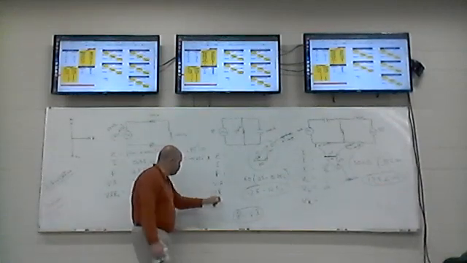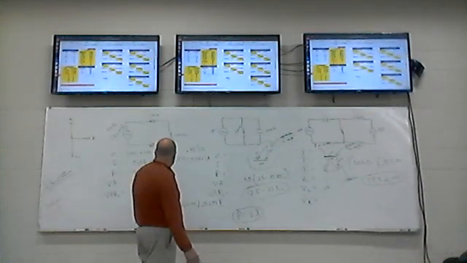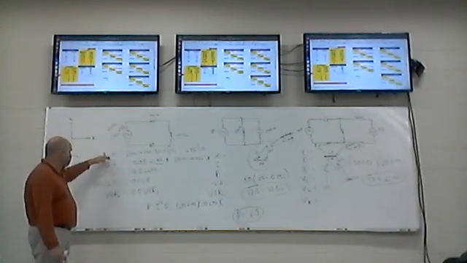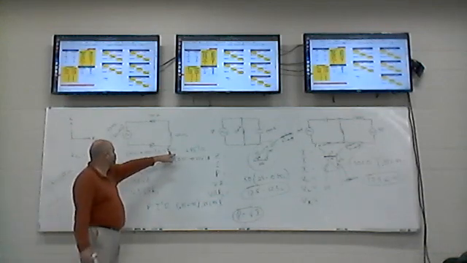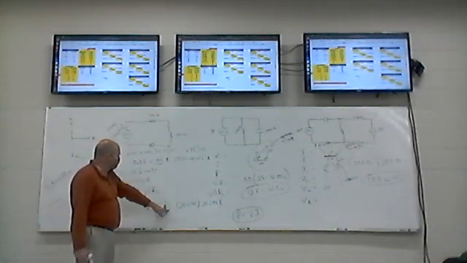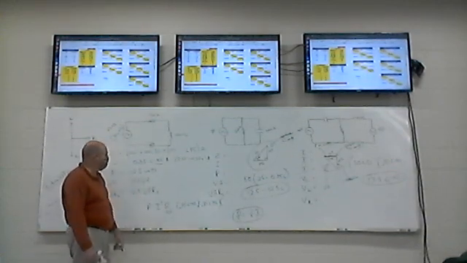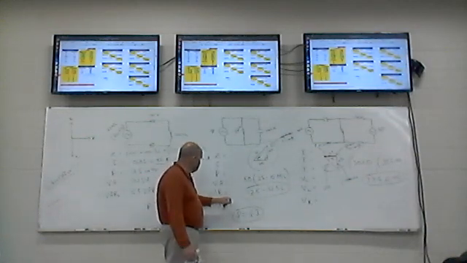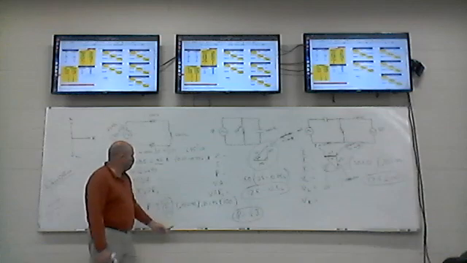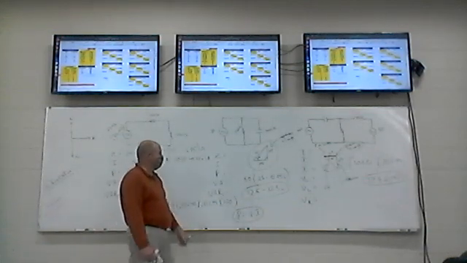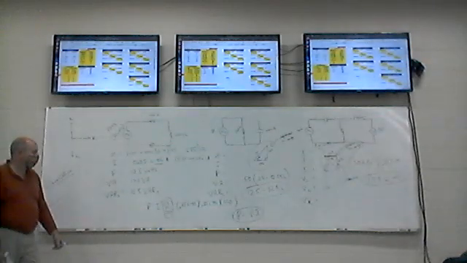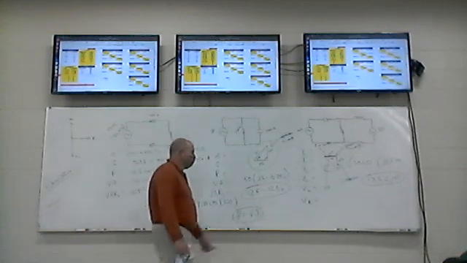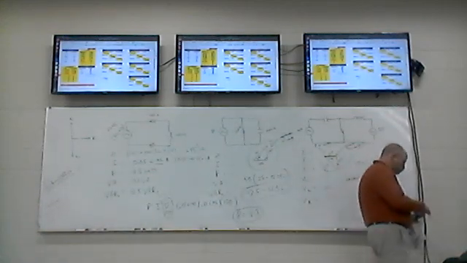Then I'm going to multiply all this by what? The 50? No, the impedance, which is what? No, my resistor. This is the resistor, not the impedance. It's going to be 100. So 0.35 times 0.35 times 100 is what?